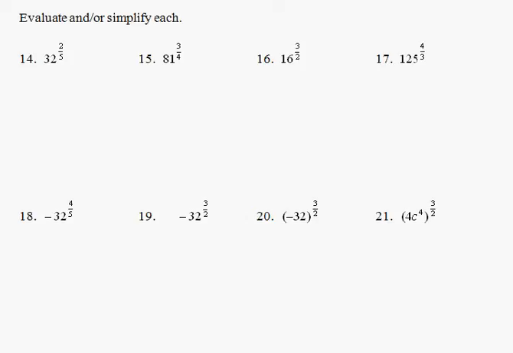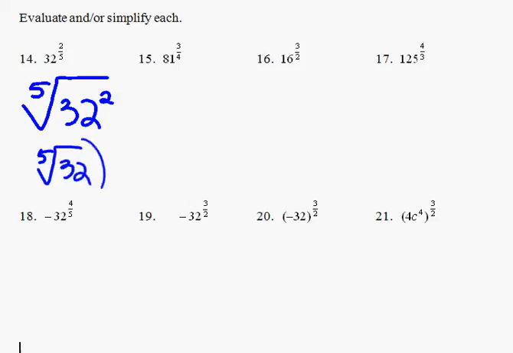If we're doing it by hand, this is the 5th root of 32 squared. That's also the 5th root of 32 squared. It's easier to do the second one because I can take the 5th root of 32 easier than I can square 32.